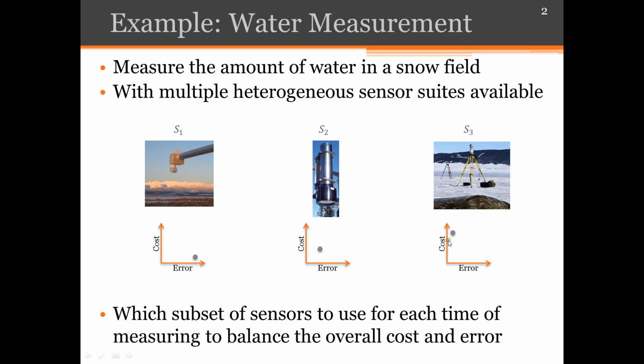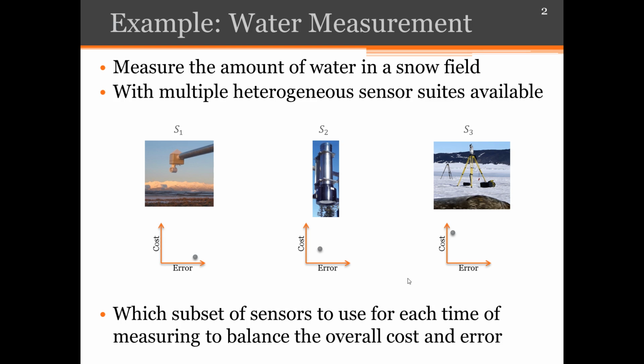cost is really high. So if I want a model that is able to predict the amount of water for the future or any other output, and I want it to be accurate as well as low cost, what should it be? Which subset of sensors should it use?